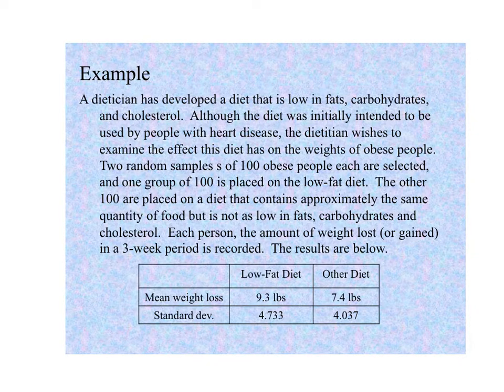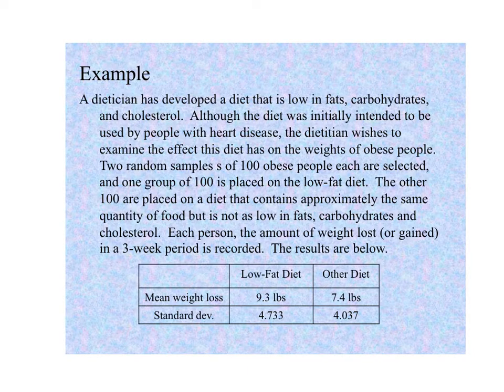The other 100 are placed on a diet that contains approximately the same quantity of food, but is not as low in fats, carbohydrates, and cholesterol. And what they did with each of the 100 people, they measured the amount of weight loss or gained in a three-week period, and they got the following results.